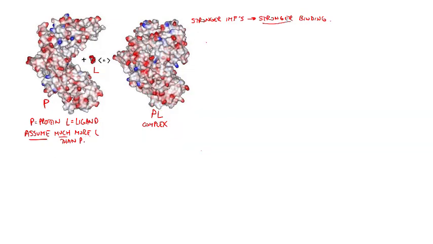Now there's a way that we can graphically see the relationship between Kd and the strength of binding. We're going to define a parameter called theta, the fractional saturation.